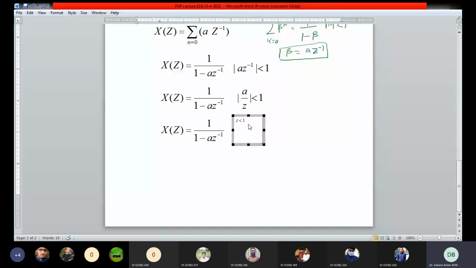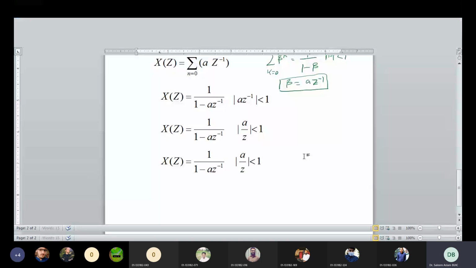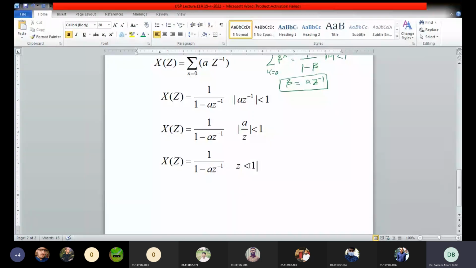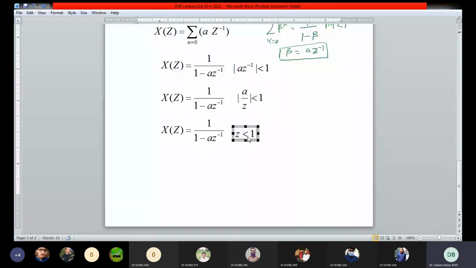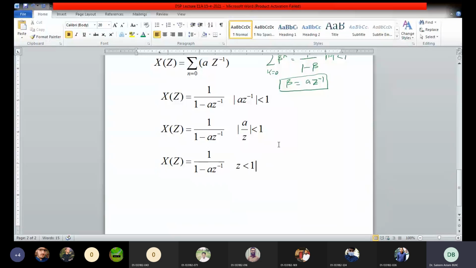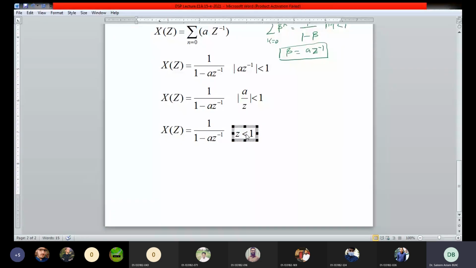Can I write this as magnitude of z greater than a? There's some issue, wait please. Magnitude of z greater than a.